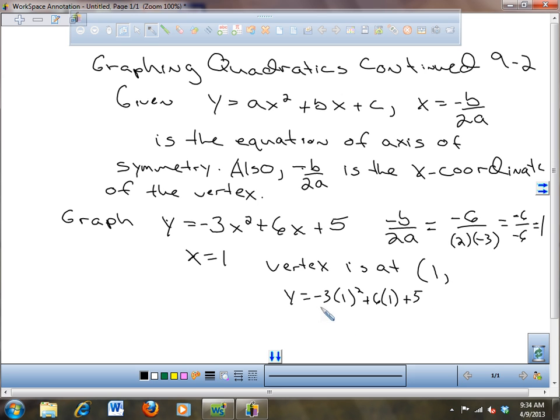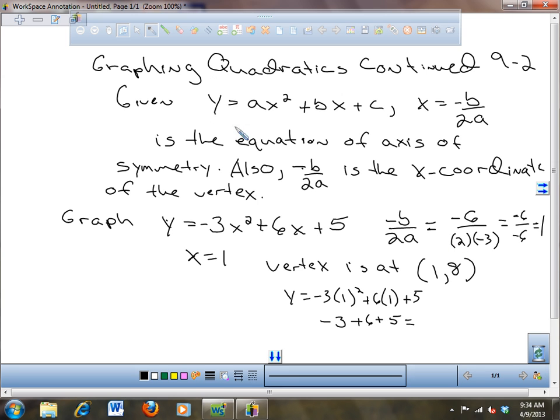And when I simplify that, 1 squared is 1 times negative 3 gives you negative 3 plus 6 plus 5 gives you what? What's 6 plus 5 minus 3? Come on. 8. So the vertex is at (1, 8).